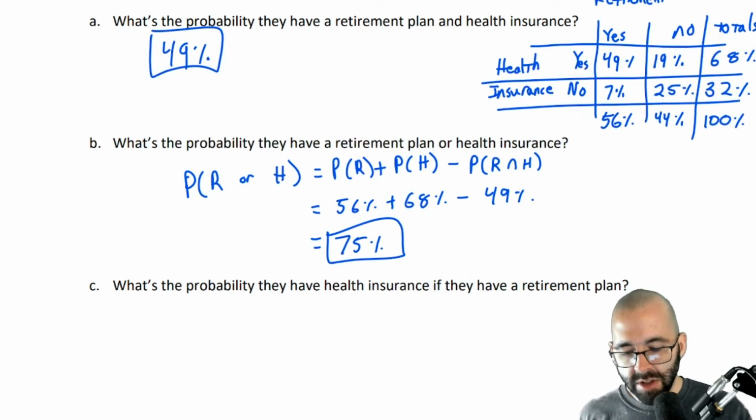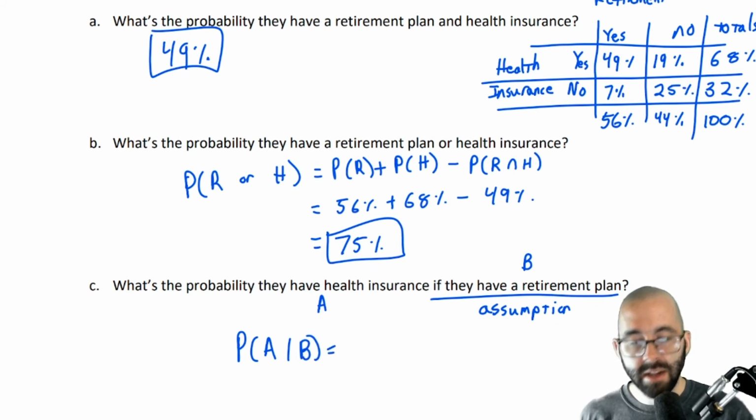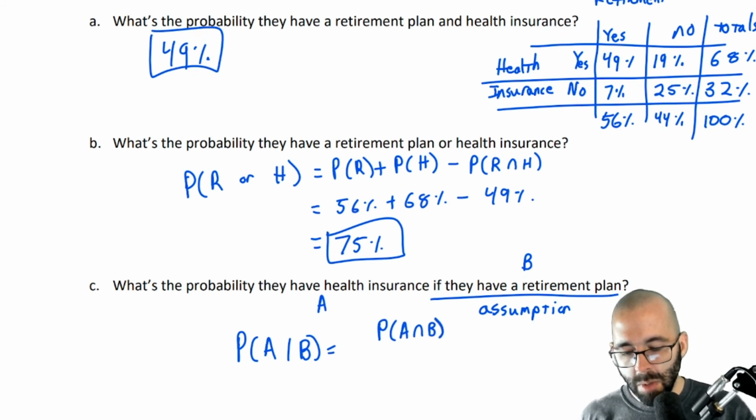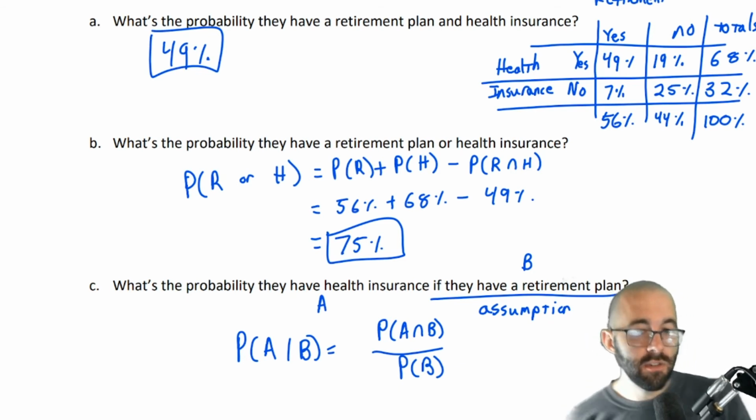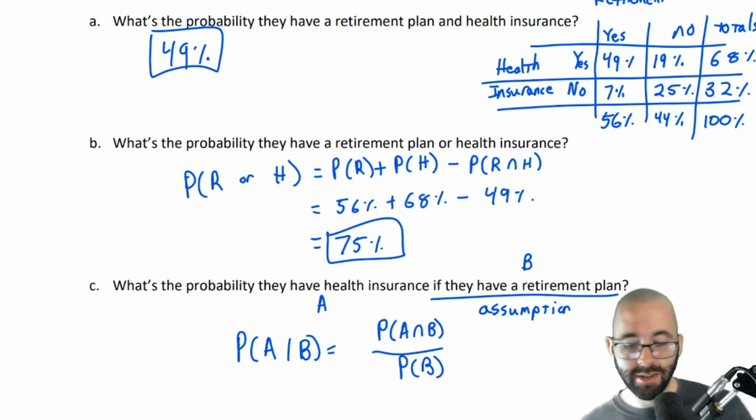What's the probability they have health insurance if they have a retirement plan? This is our assumption. Okay, we can call that B. Health insurance is going to be A. So we're looking for the probability of health insurance given that they have a retirement plan. So our formula says this is going to be the probability of A and B, the probability of both, divided by the probability of just B. That is our formula for conditional probability that you can find up there.